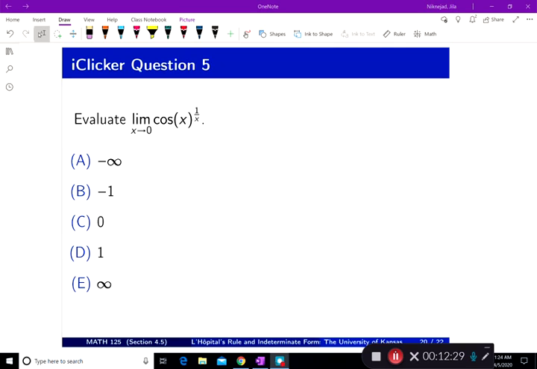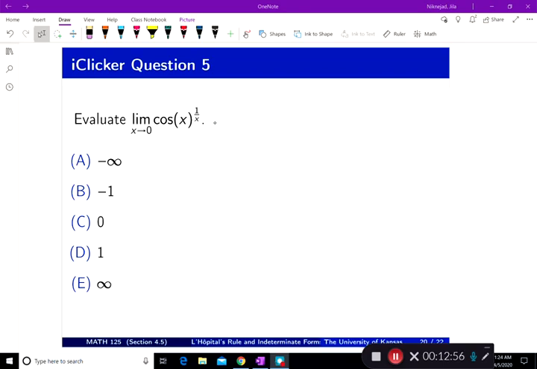Okay, let's do, I click here, question 5 on section 4.5. What is the limit of cosine of x to the power 1 over x as x approaches 0? This again is a 1 to infinity form. And so I say pause the video for a minute and come back and see the answer.